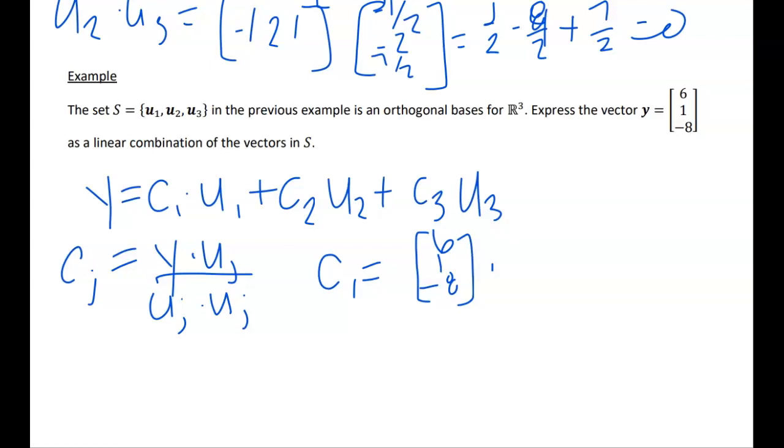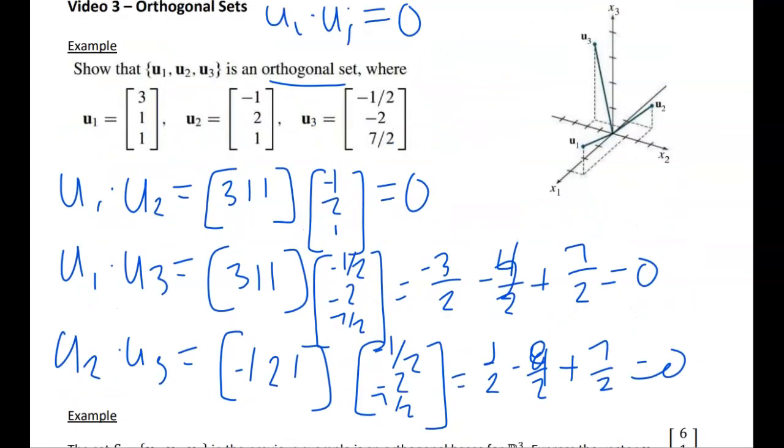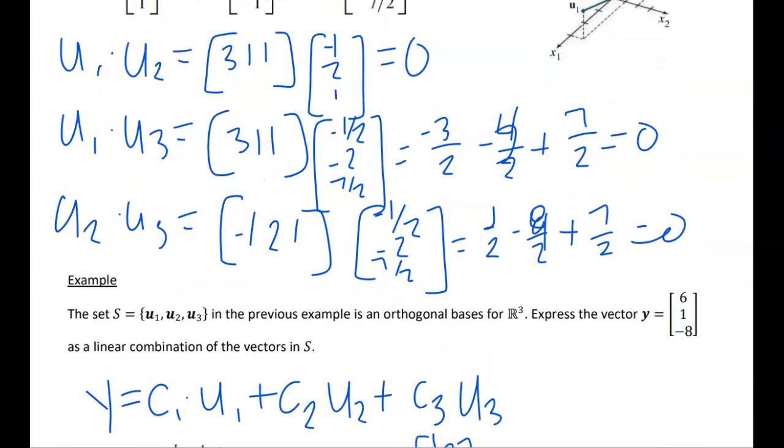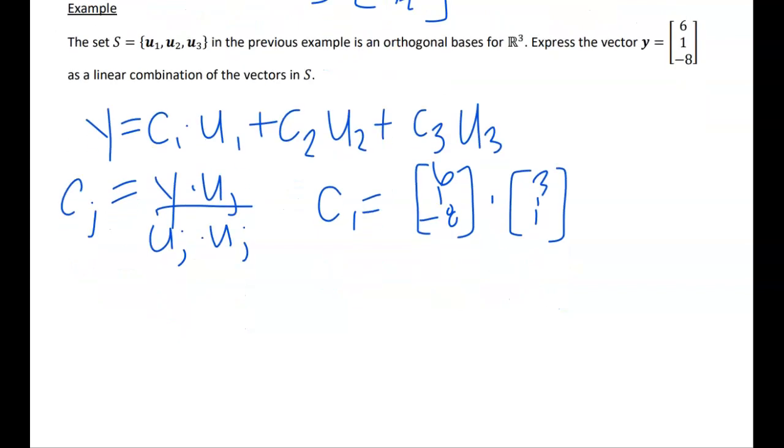What was u1 up here at the top? Or dot product with it, sorry. 3, 1, 1. And then I need to divide that by the dot product of 3, 1, 1 and 3, 1, 1.